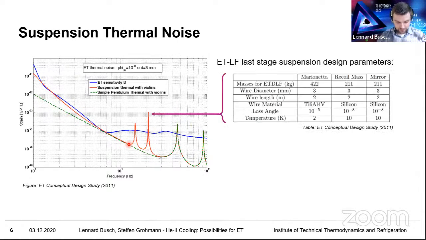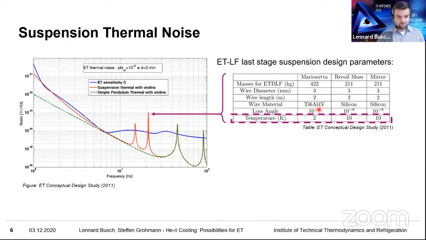And the parameters that I found in the conceptual design study that were used to calculate the red curve, you can see on the right-hand side there in the table. It's not important to go into detail on all of these. I just want to draw your attention to the temperature there, where a mirror temperature of 10 Kelvin was assumed, while the marionette was at 2 Kelvin.